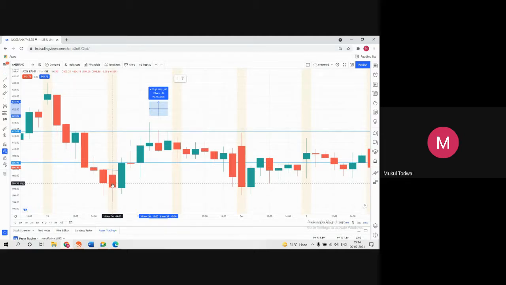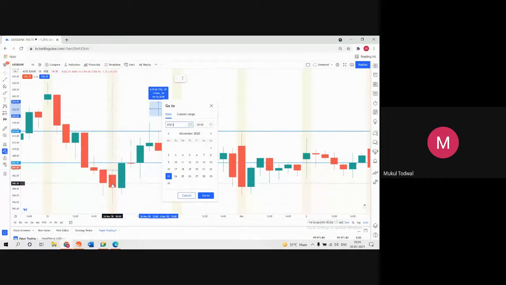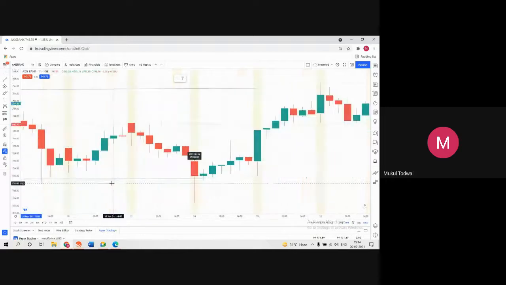For this, we will have an example of Axis Bank, only 1 hour chart, and it's 0614, a very recent one. It went down over here. See, this is a kind of a doji as well.